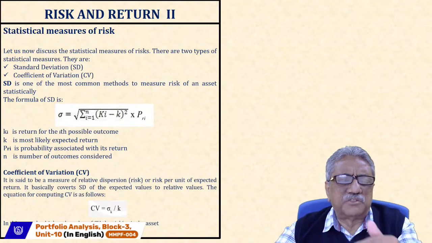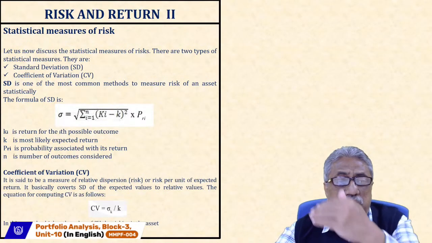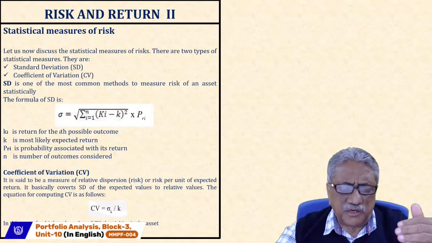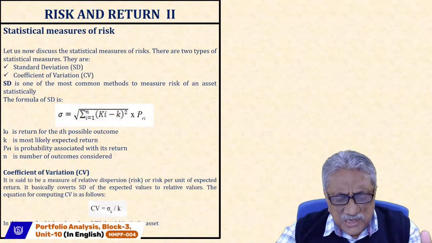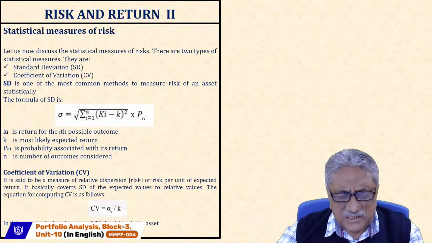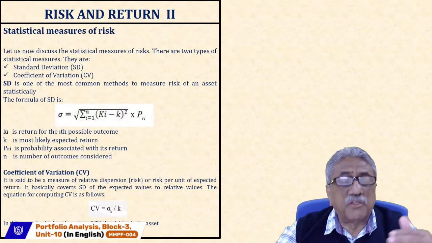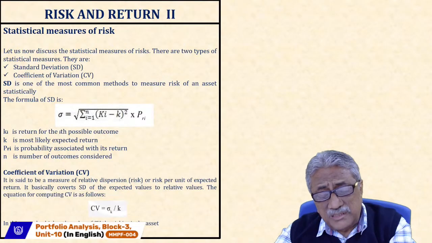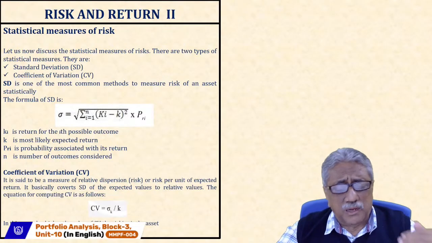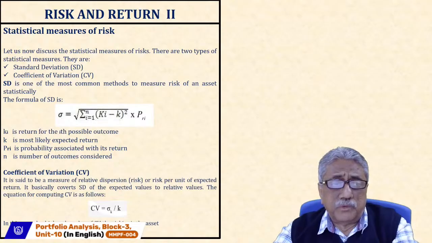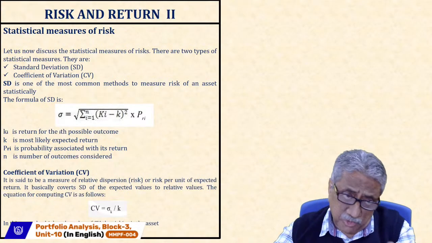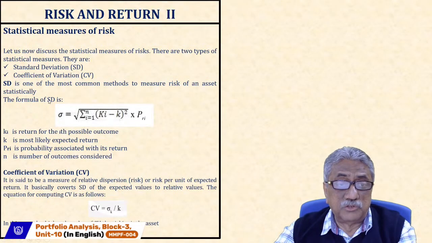But SAIL sometimes gives 9%, 8%, sometimes 15%. But Tata is giving 12, 11, 13. So what is happening with Tata Steel? The deviation is less. It stays within 11, 12, 13. Whereas SAIL can give you a 9% return, it can give you 15% return. It is supposed to give you 12% return. So that's the probability.